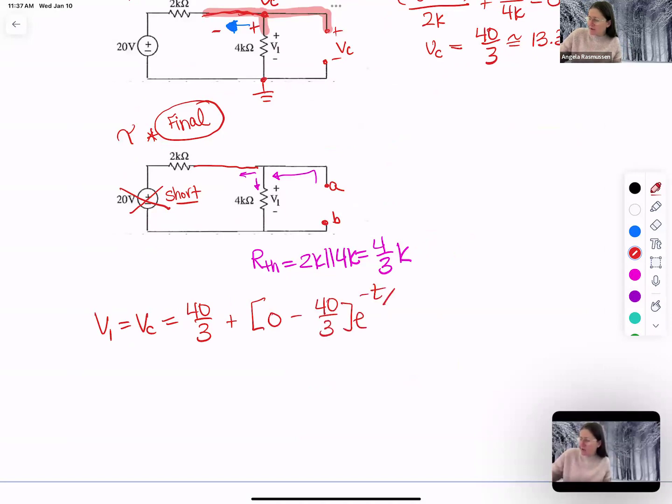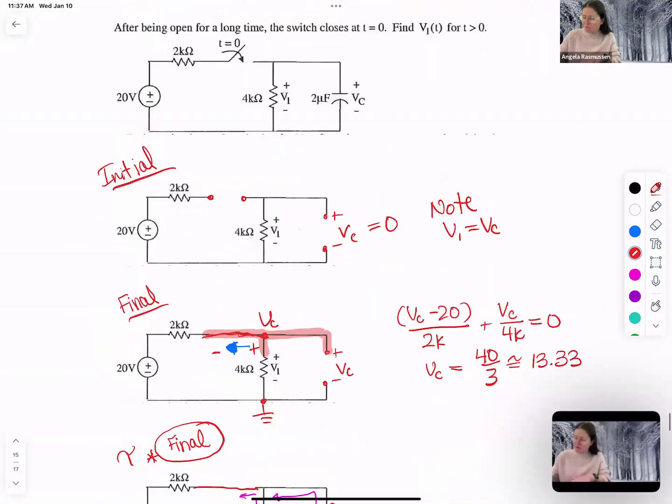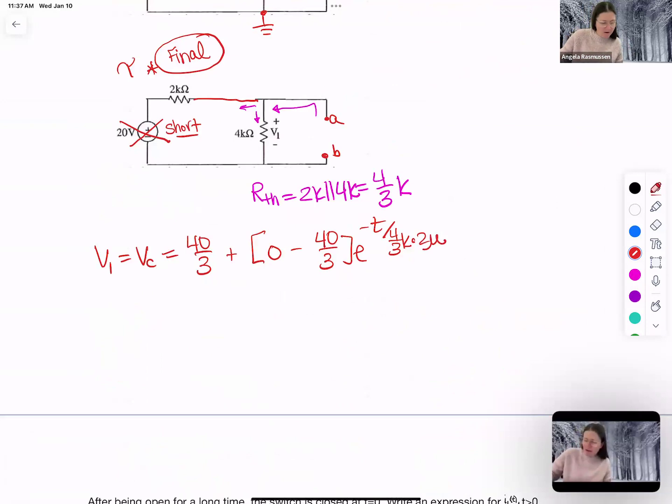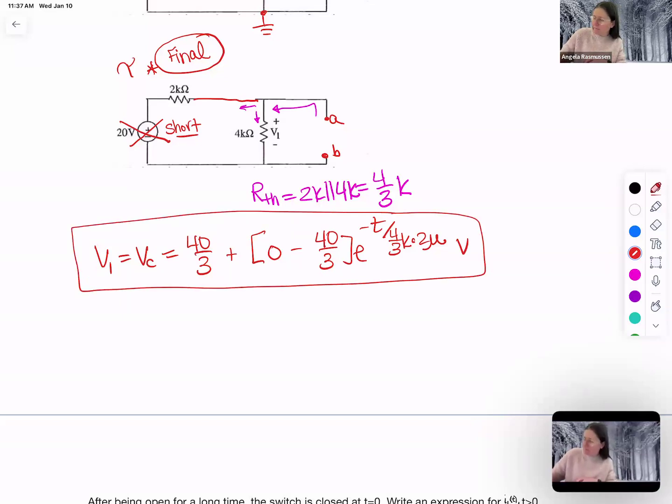And tau is 4/3 K times 2 micro, and that is my answer for B1. What does that come up to, the 4/3 K times 2 micro? 8 over 3, 8 over 3 milli.